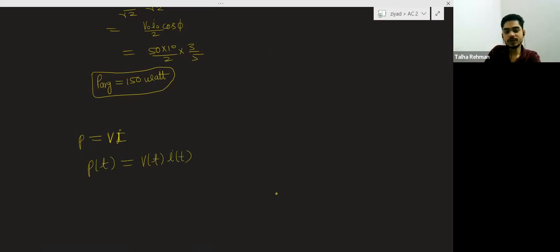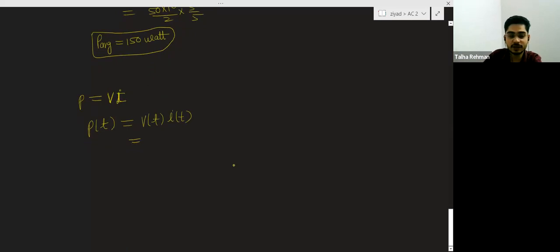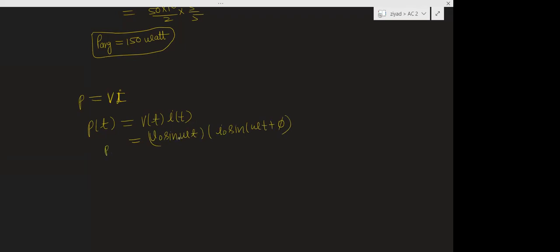Now you will write the equation of the voltage and the equation of the current. Suppose the equation of the voltage is V equals V naught sine omega t, and the equation of the current is I equals I naught sine omega t plus phi. What is phi? Phi is the phase difference between the current and the voltage. This is the function of power in time.